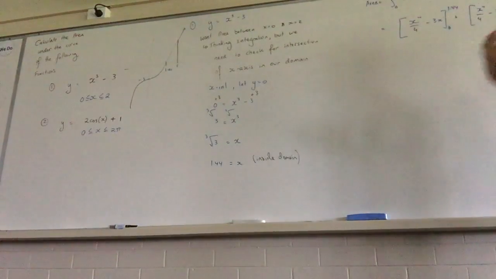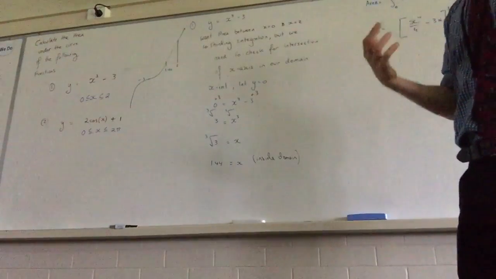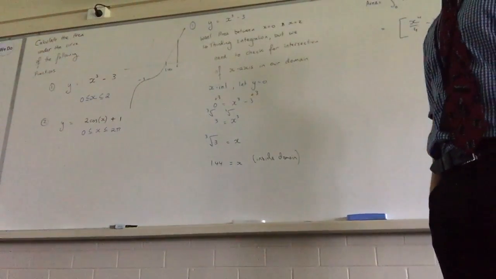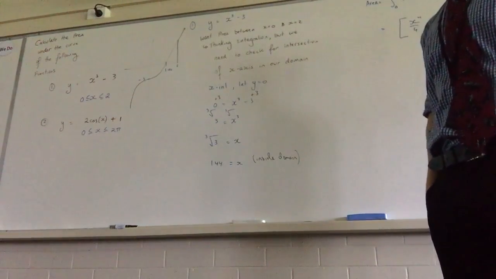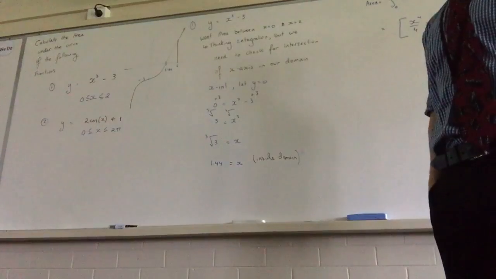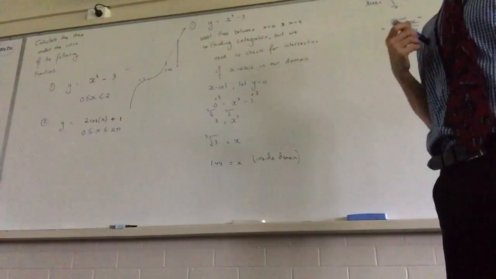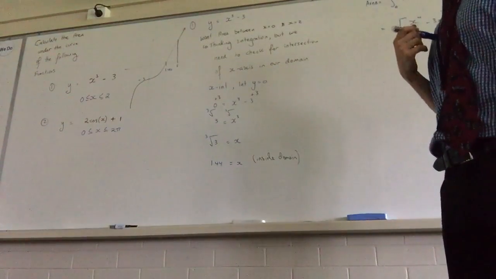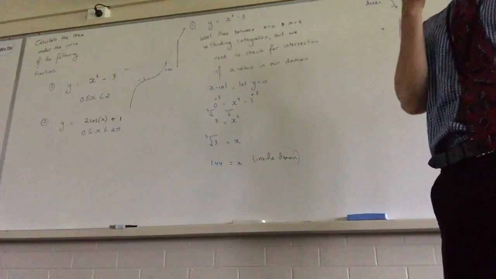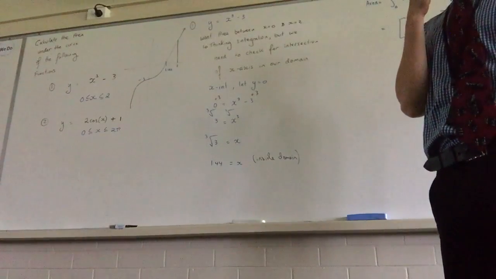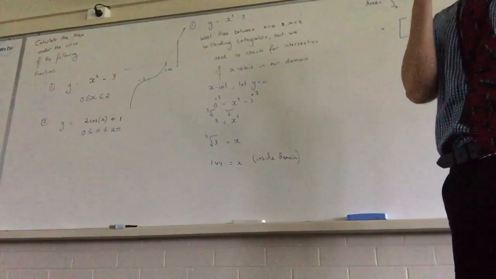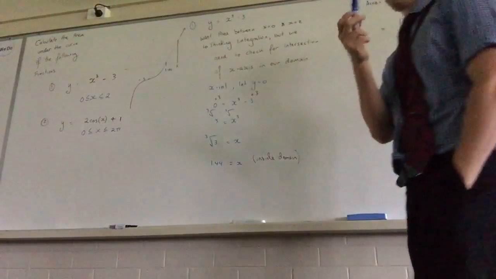Now I know there'll be a positive and a negative area cancelling out if what occurs? If there's an x-intercept. There is one scenario where that won't be the case. Anyone think of a function where that may not be the case? When you've got a turning point on your x-axis.